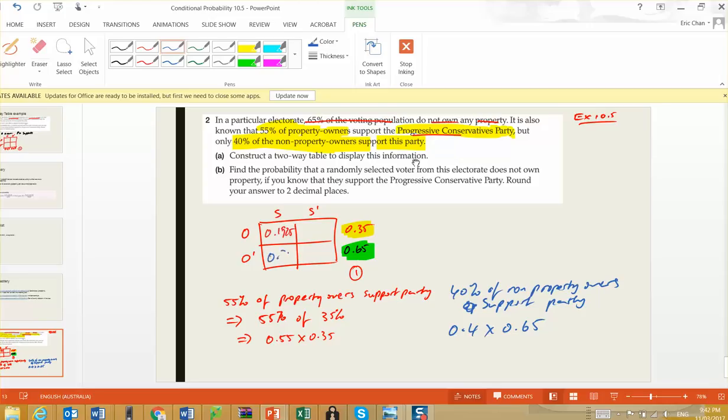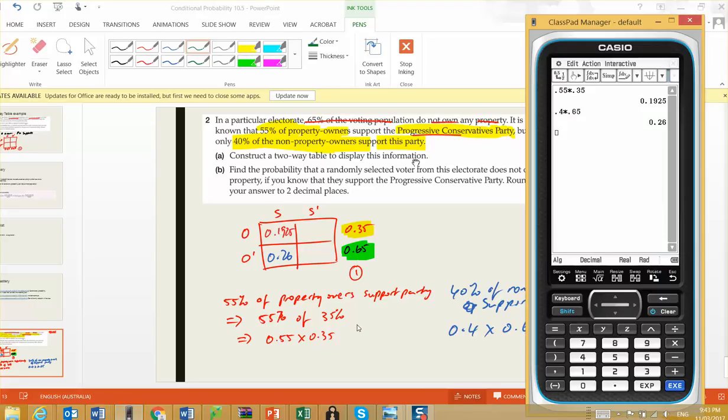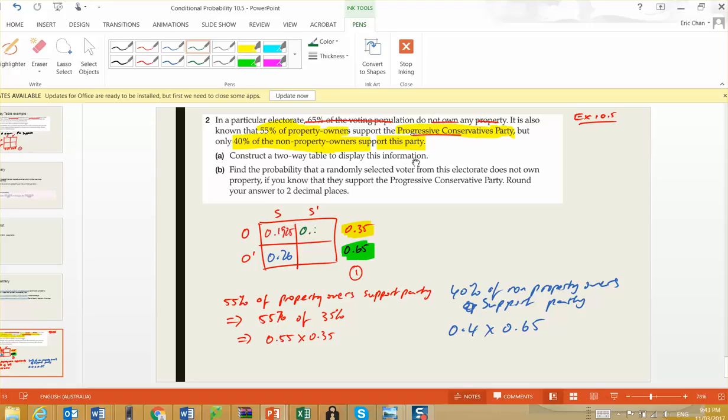So 0.26 goes over here. Now I can work out the rest because I've got enough information to fill out the table. This value would be 0.35 minus 0.1925, which is 0.1575.